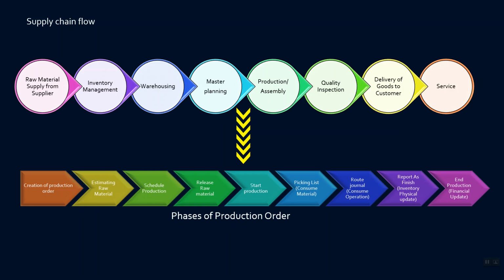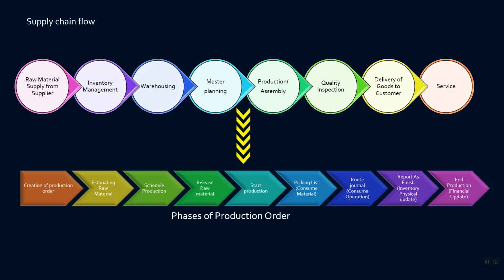Whatever man hours you want to consume are consumed when you post a route card journal. And once all your material and operations are complete, you are good to declare that your finished good is ready.